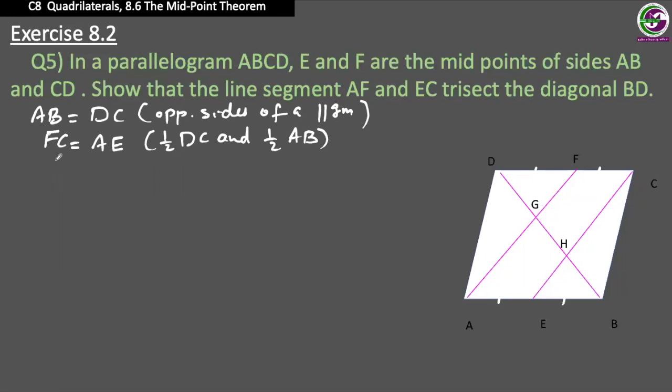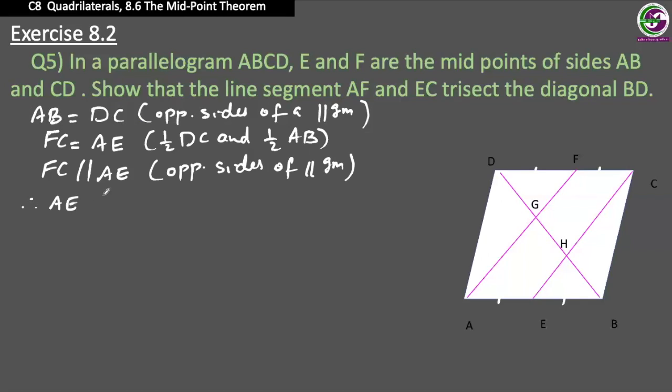Also, FC is parallel to AE. Again, opposite sides of a parallelogram. So we find that AECF is a parallelogram, because one pair of opposite sides are equal and parallel.